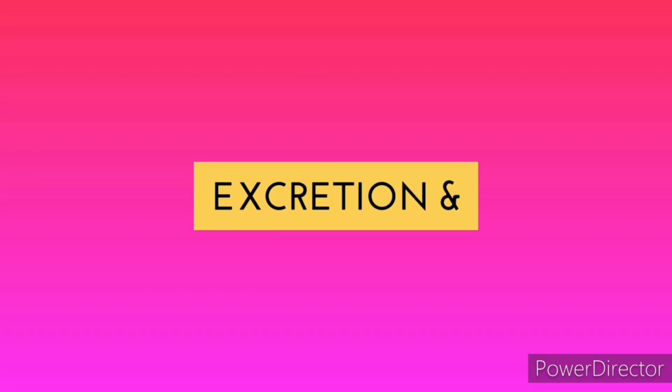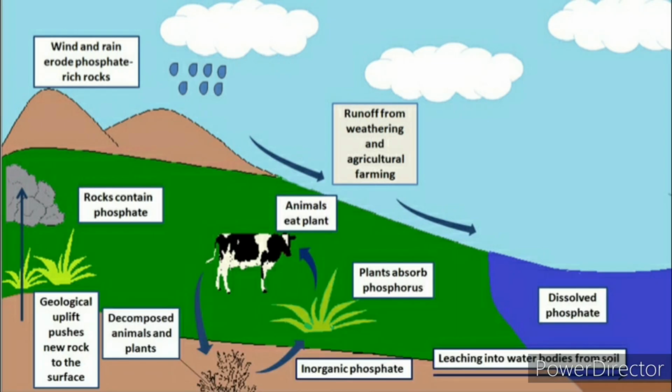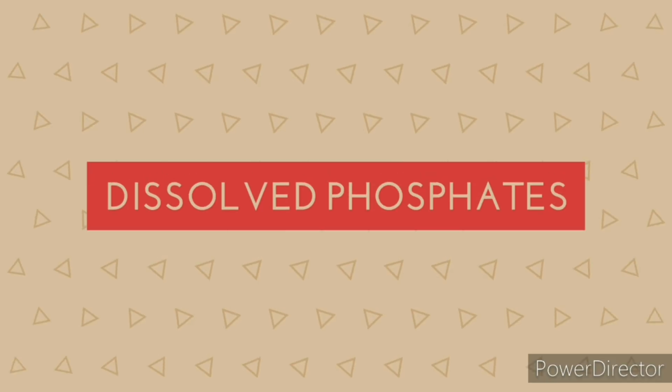Step 3: Excretion and decomposition. Excretion by animals and decomposition of both animals and plants present on land or in the ocean release phosphates on land or in water.